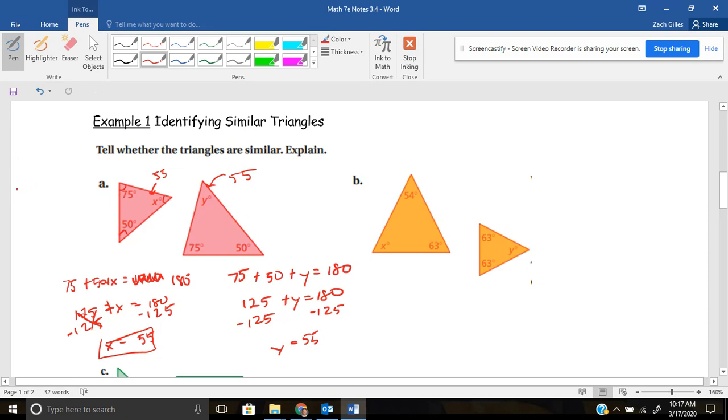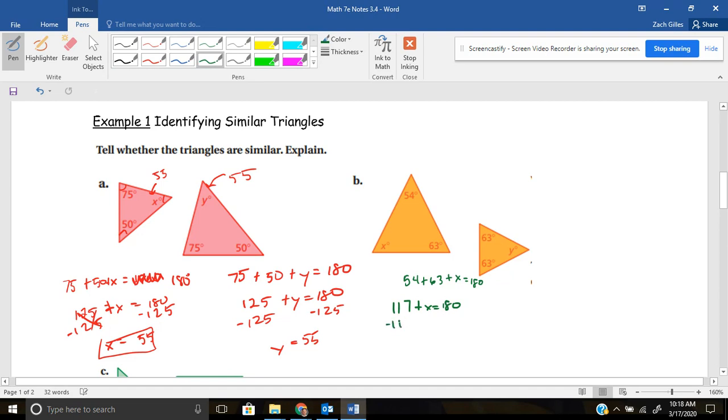Let's try letter B, where it might not be so obvious. Here it was pretty obvious because there was a 50 and a 50, a 75 and a 75. It might not be quite as obvious in letter B. I've got 54 plus 63 plus X equals 180. 54 plus 63 would give me 117, plus X equals 180.